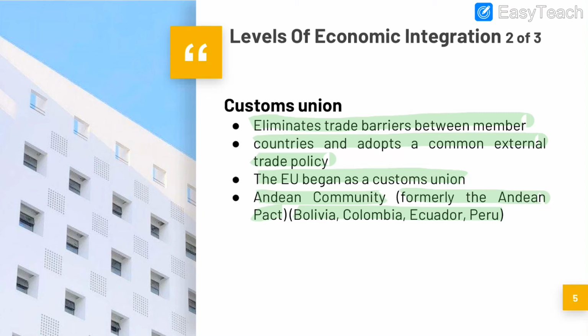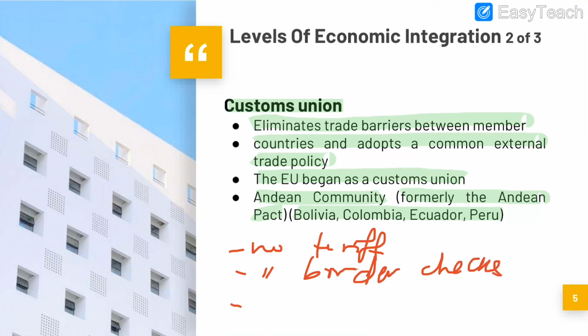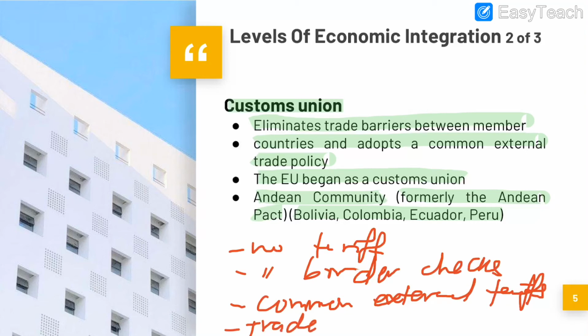So normally in this customs union, there's no tariff. Okay, no tariff, no border check, common external tariff, and the trade deal for the whole customs union.